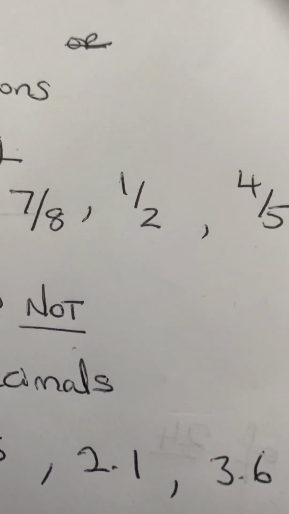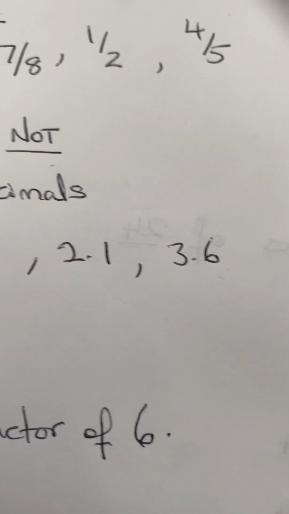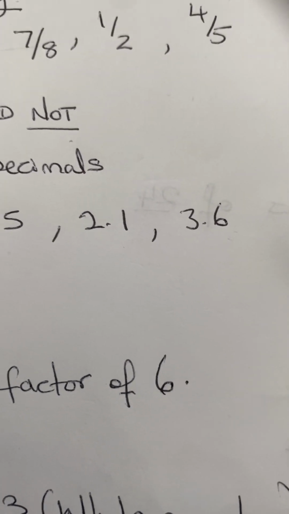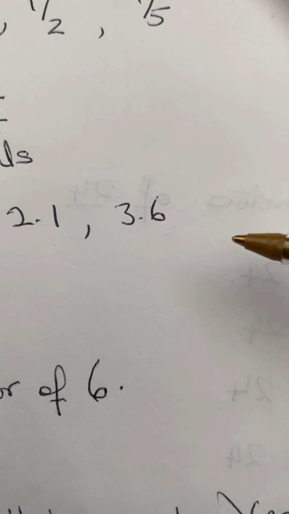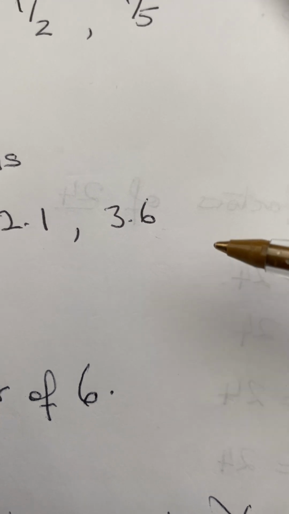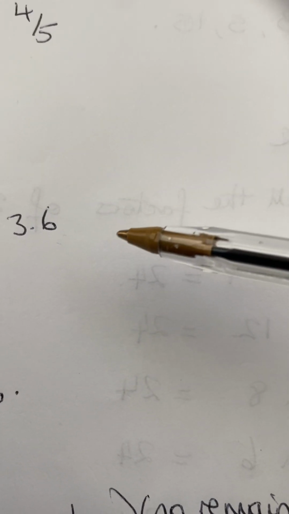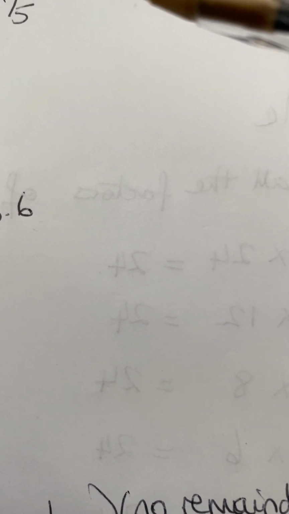All these decimals are to one decimal place, but you can have them to two decimal places, like 1.55, or three decimal places, like 2.156 and 3.678.